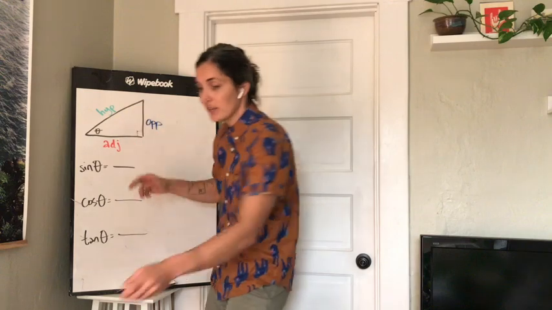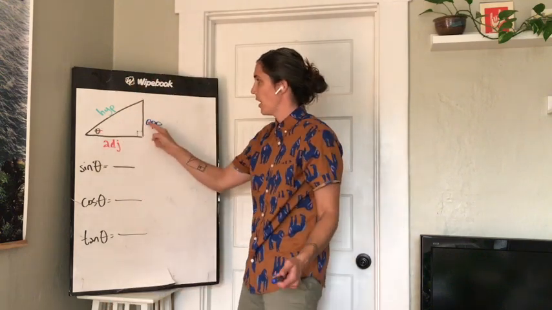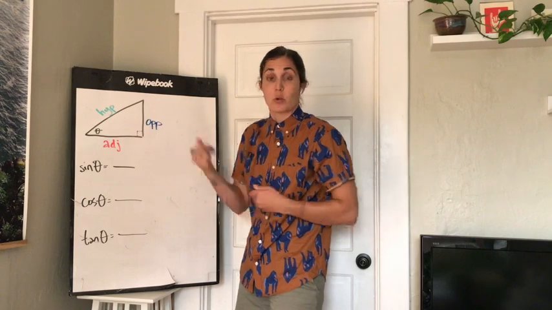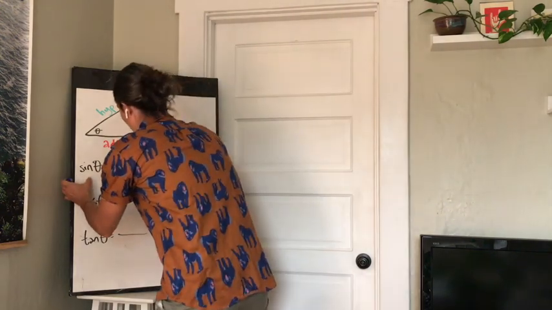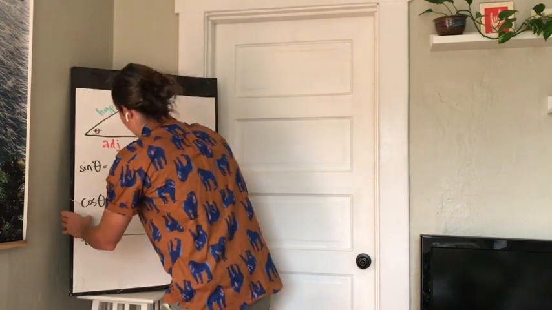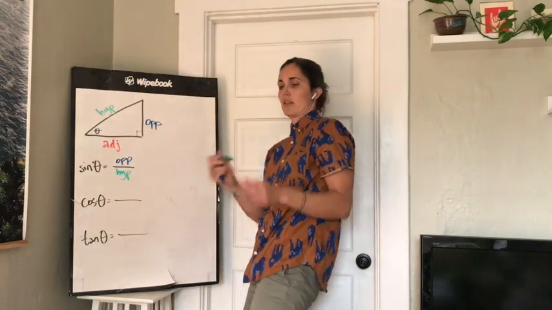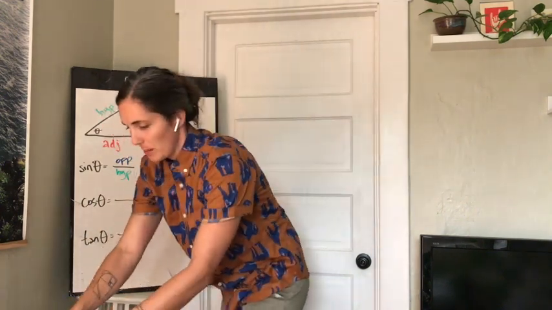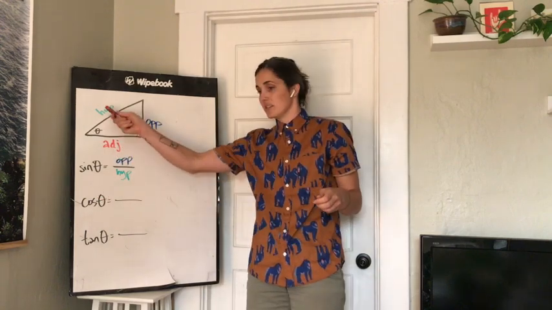But the sine of the angle, again SOHCAHTOA, is defined as the opposite over the hypotenuse, the relationship between the opposite and the hypotenuse. So I have opposite and hypotenuse for sine. Moving on down the line, cosine is defined as the adjacent over the hypotenuse.